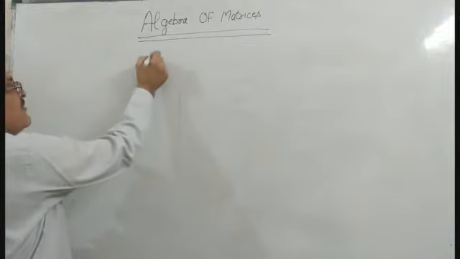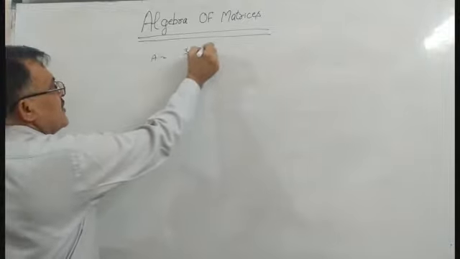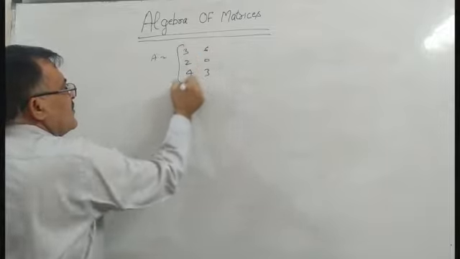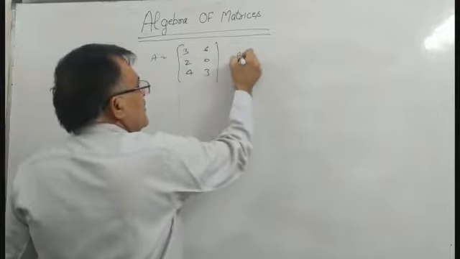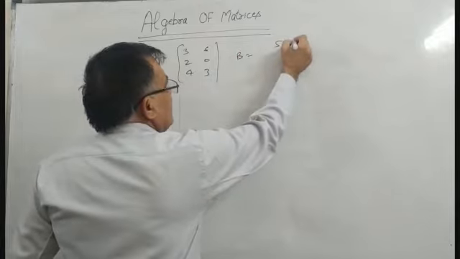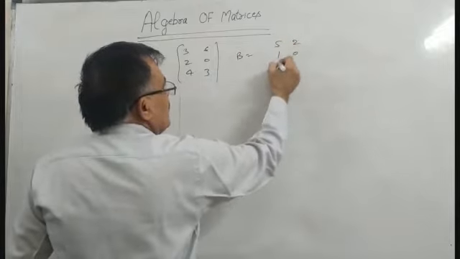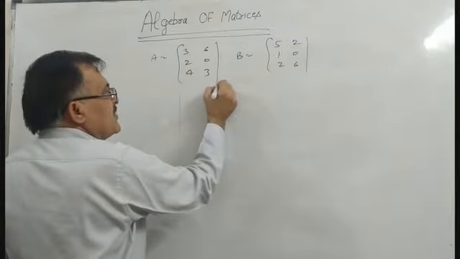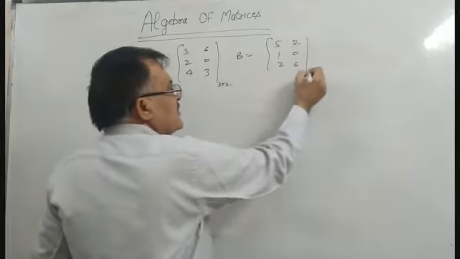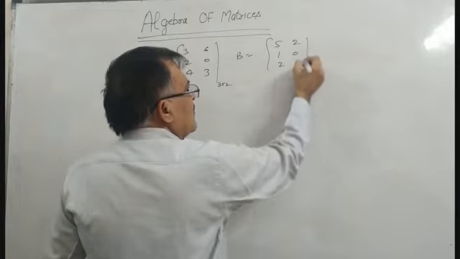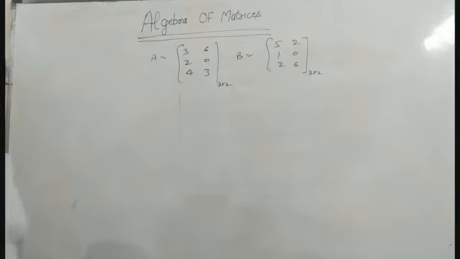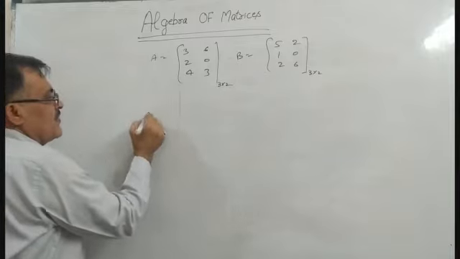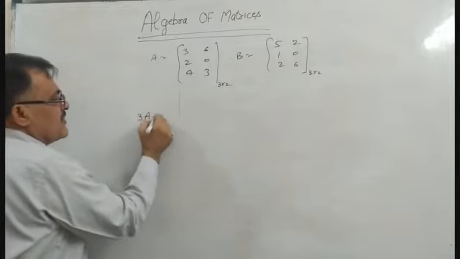Now take an example. A = 3 6 2 0 4 3 and B = 5 2 1 0 2 6. The order of this is 3 into 2, and the order of this is 3 into 2. So we can add. Now we find 3A plus 4B.